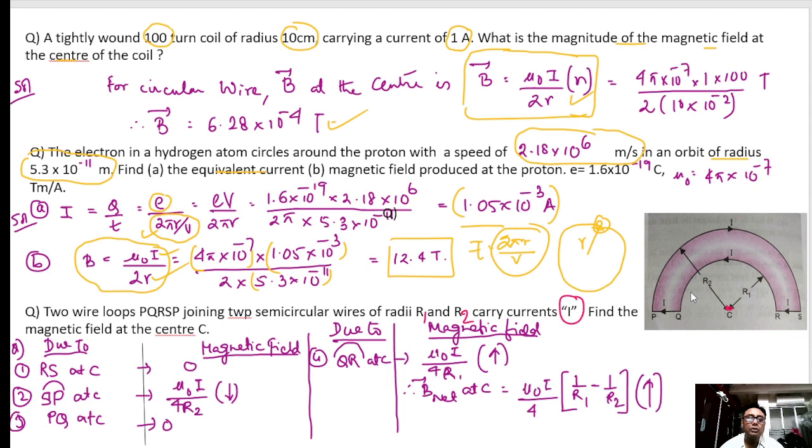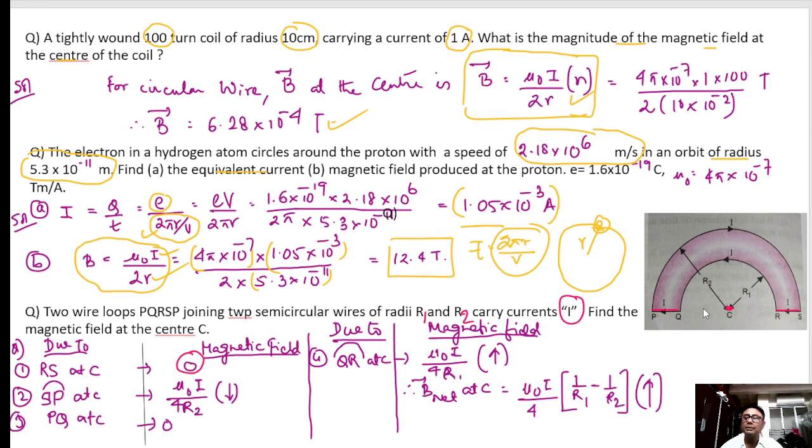How many parts are there for the magnetic field? One is due to the straight wires. This and this at C will be 0, because the point lies on the line of the wire. So the magnetic field due to the straight wires at the center is 0.